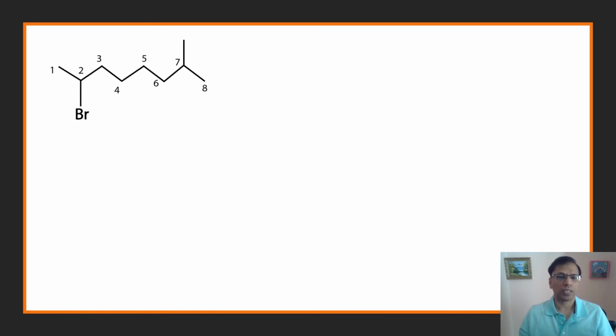So let's look at this example. In this particular case, you start numbering from this side because on carbon atom 2 you'll have bromine. You can also number it from this side, but remember the rule that if there are two substituents and both of them are at equal distance from the end of the parent chain, then you go by alphabetical order.